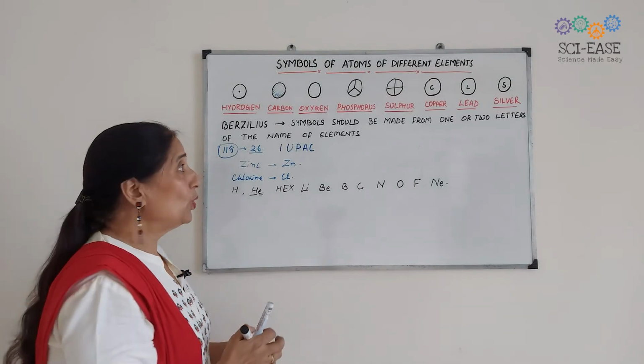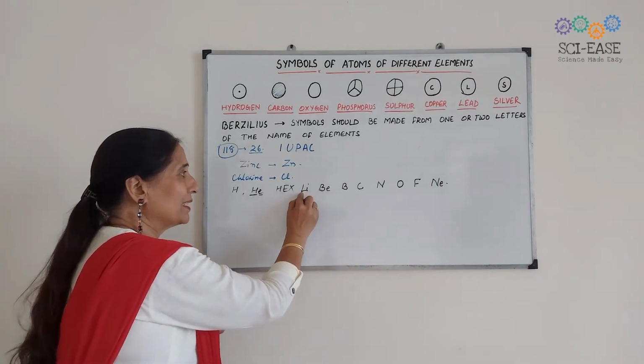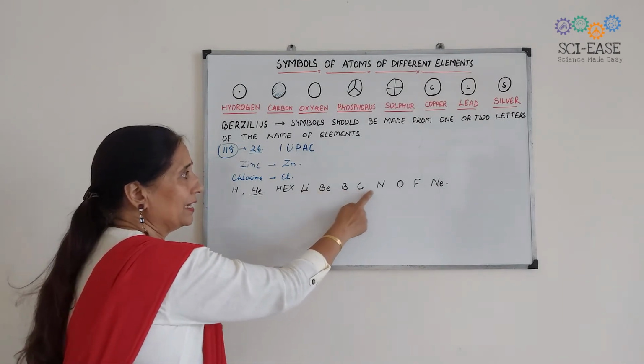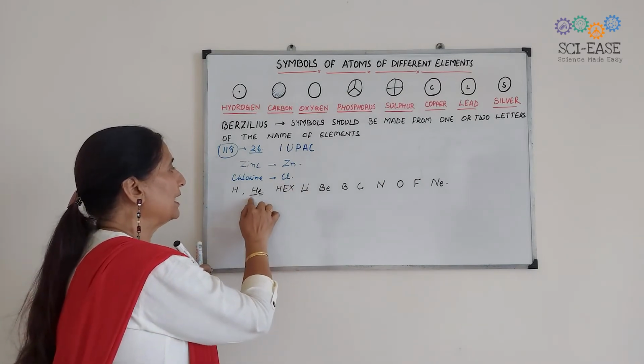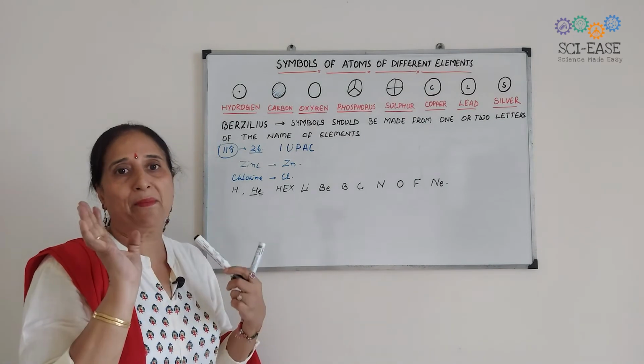So the symbols are either from the starting letter, or a combination of the first letter and any other letter which is in the name.